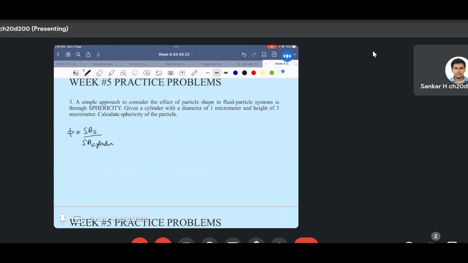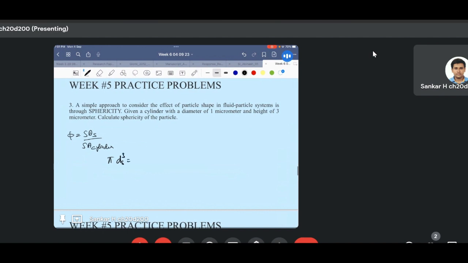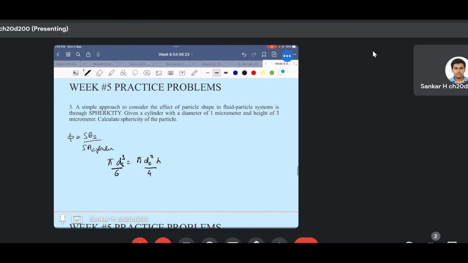Therefore, we first find out the diameter of the sphere: pi ds cube by 6 should be equal to the volume of the cylinder, which is pi dc square h by 4.